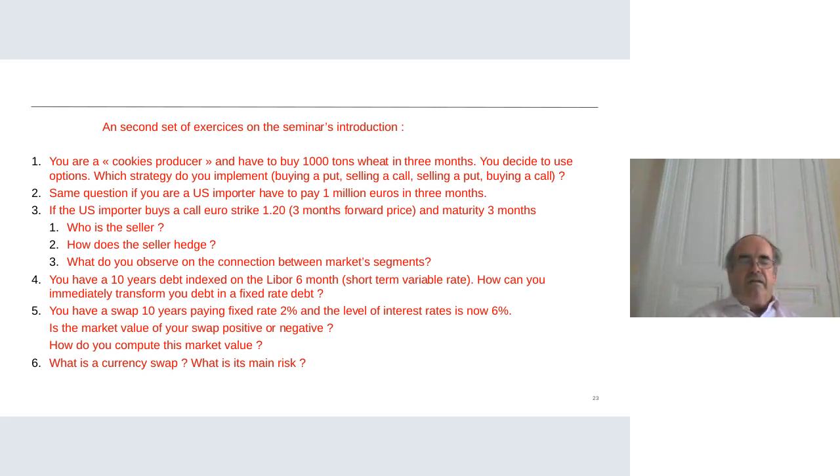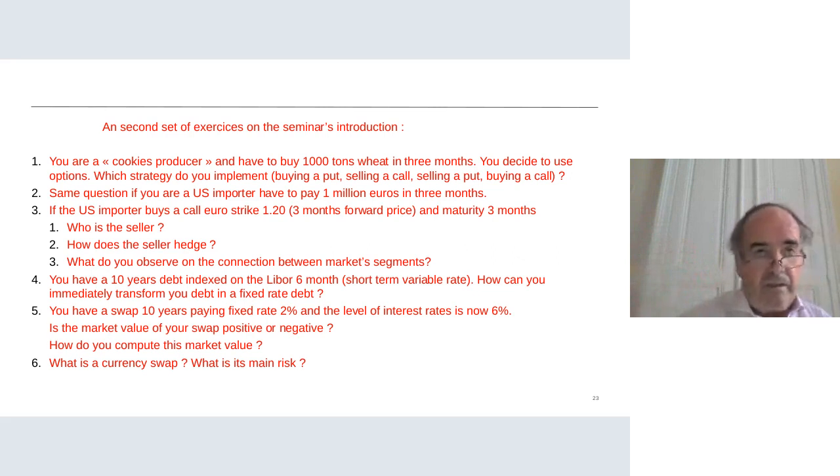Even for people who are not familiar with that, someone is buying a call on euro, buying from you the right to buy euro from you at 1.20. What is the risk for you if you sell this option? The risk is euro increasing. Yes, sure. If the euro increases, the buyer of the call will ring the bell of the bank and say, oh, I have the right to buy euro from you at 1.20.